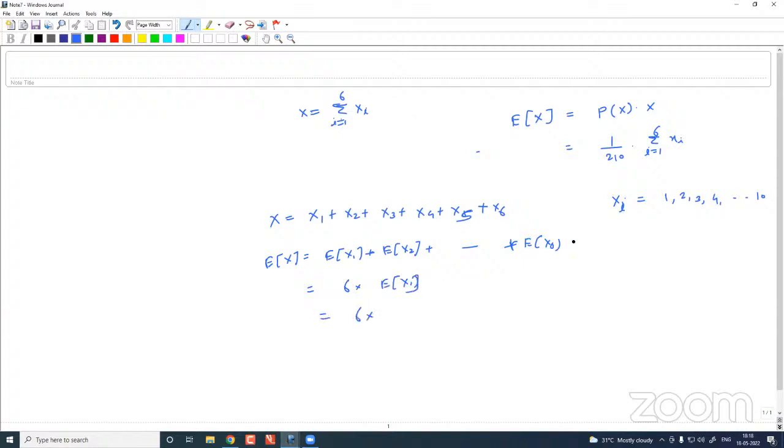What is the expectation of x1? 5.5, with probability 1 by 10 each. 55 by 10, right? So 6 times 5.5 is 33. This is how we have to solve.